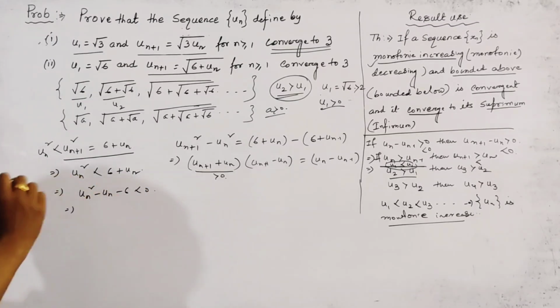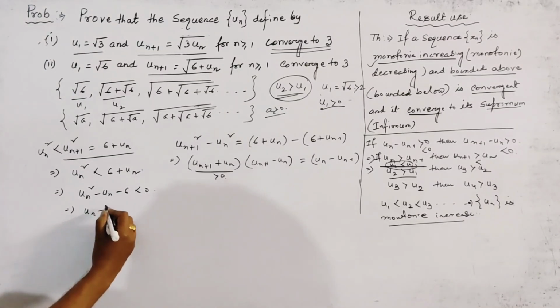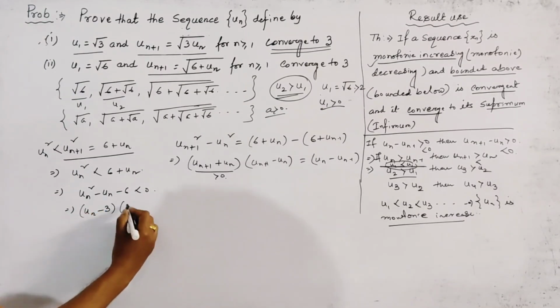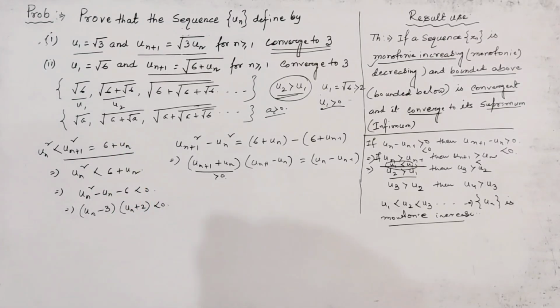By factorizing, un minus 3 into un plus 2 is less than 0.